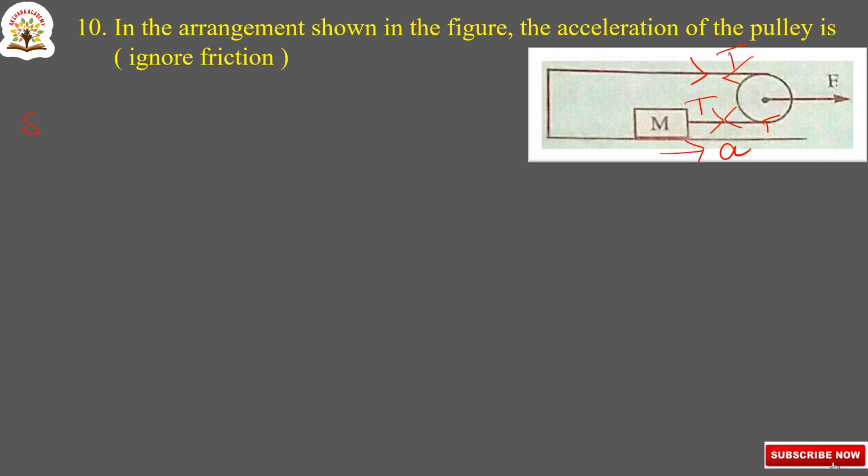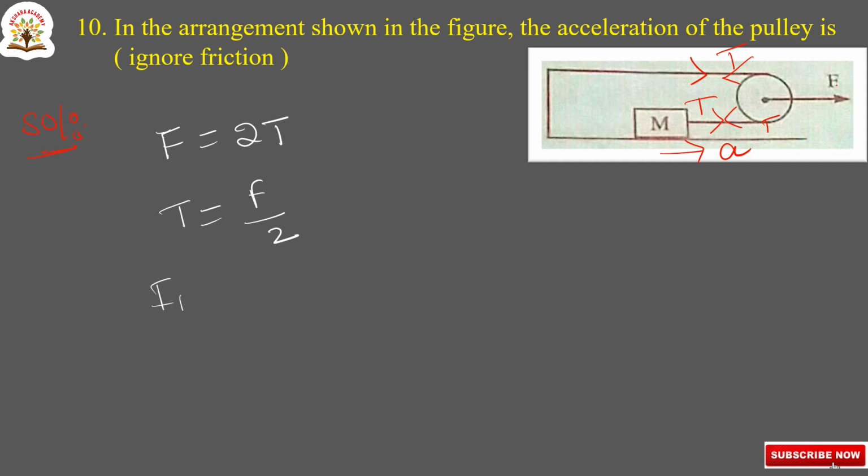So now let us go to the solution. F is equal to 2T, and T is equal to F by 2.